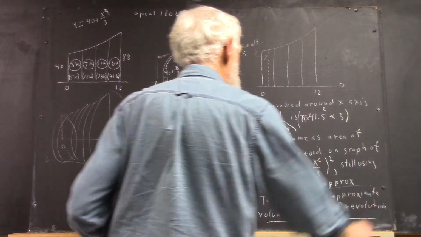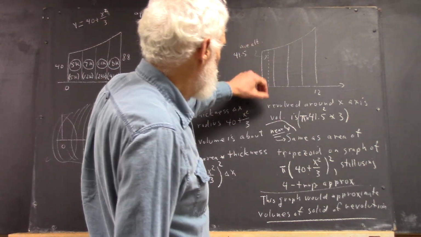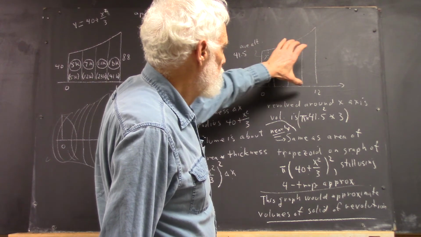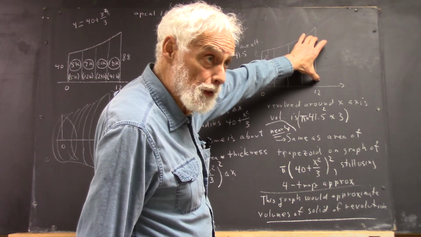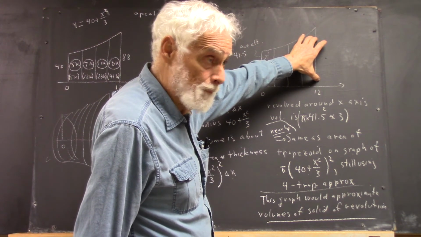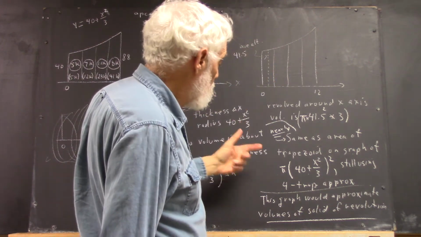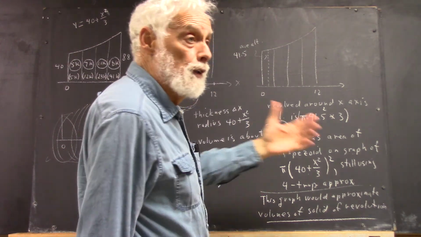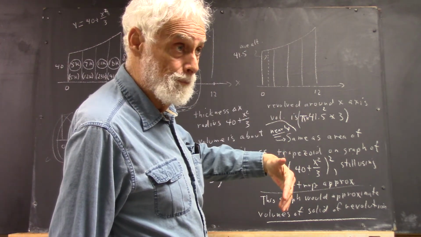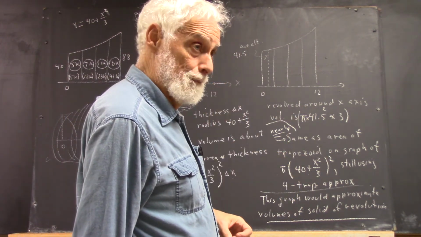When I say volumes, I mean the volumes of the solid of revolution for each individual interval of this graph. Then, if you start shrinking these areas, you get more and more accurate approximations to the volume of the solid. And that approaches the integral.